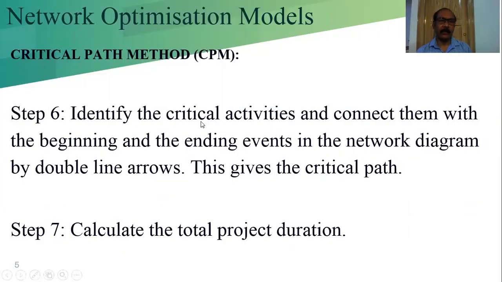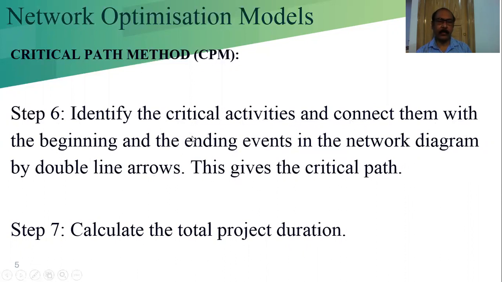Step 6, identify the critical activities and connect them with the beginning and the ending events in the network diagram by double line arrows, or we can darken the arrow. This gives the critical path.